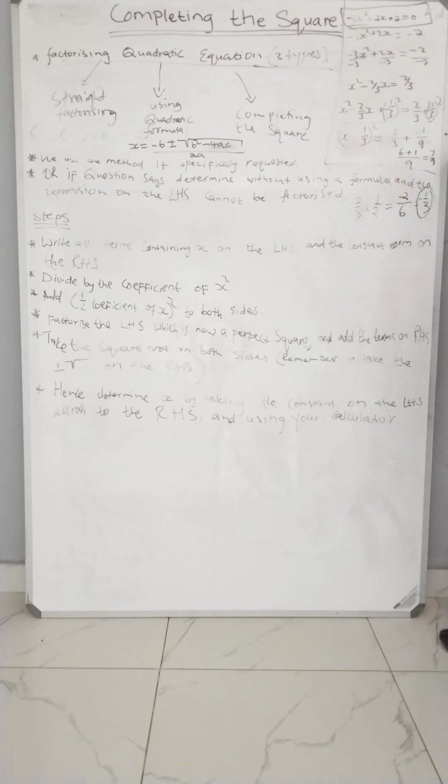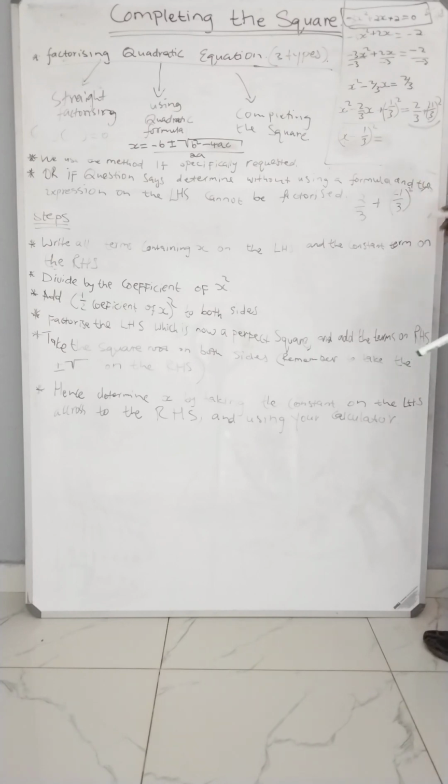And then on the right hand side, you're gonna add this. These are all constant. You're gonna add that. And I wanna show you how it came about. So I'm gonna go ahead and remove this. Okay. So there you have 2 over 3 plus minus 1 over 3 squared.